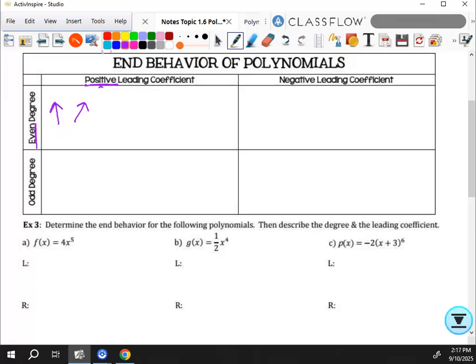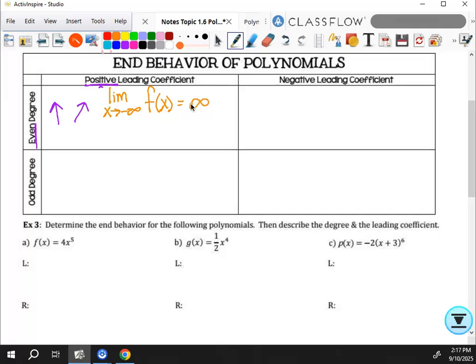That's what the ends look like. So then from that, I can write my limit statements. I can say the limit as x approaches negative infinity, we'll just call this f of x because we don't really even have a graph, of f of x is equal to infinity because it's pointing up.